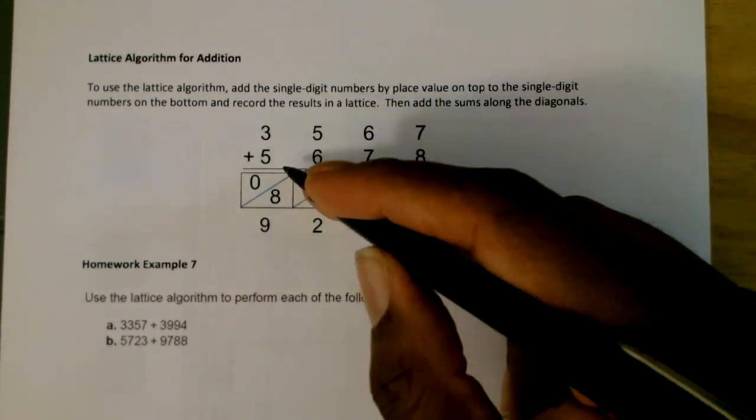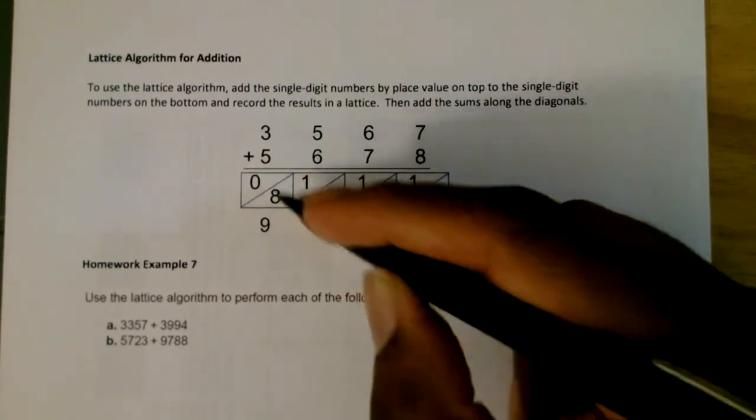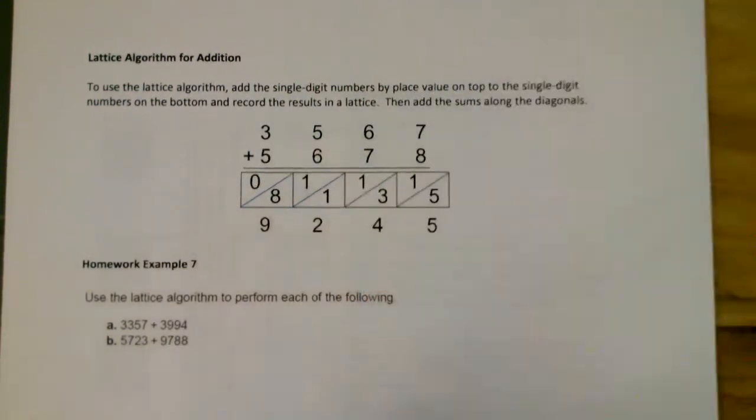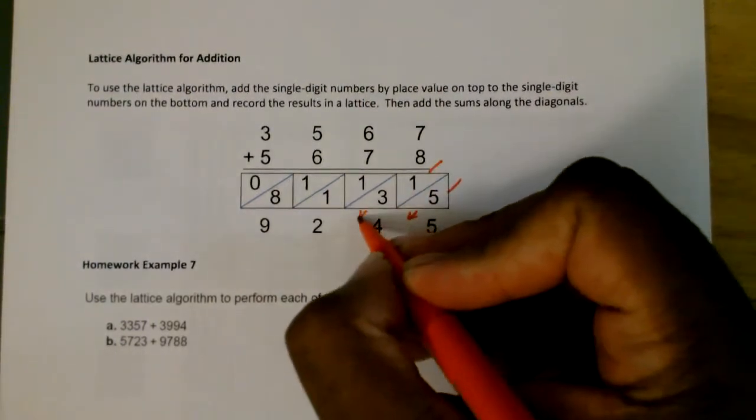3 plus 5 is 8. It's a single digit sum. So the 0 goes in the top triangle and the 8 goes in the bottom triangle. And now to find out what that final sum would be, we add along the diagonals here.